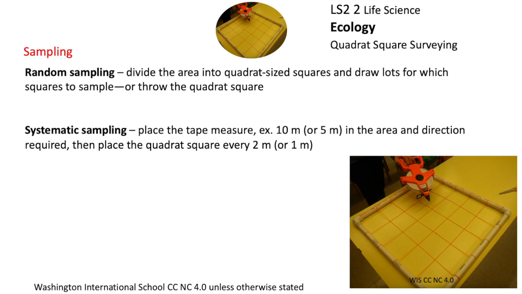Or systematic sampling. Place your tape measure for a distance of 10 meters or whatever in the area and the direction required, and to start off with, that can be random. Then place the quadrat square every 2 meters or 1 meter along the tape and record what's in there.